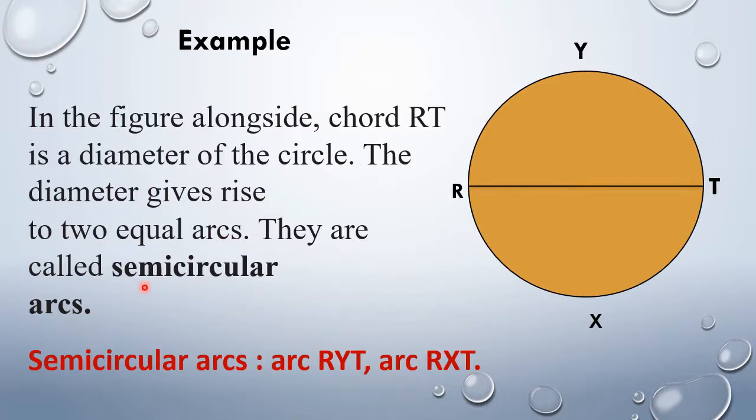They are called semicircular arcs. So here you can see the semicircular arcs are arc RYT and arc RXT. All are semicircular arcs.